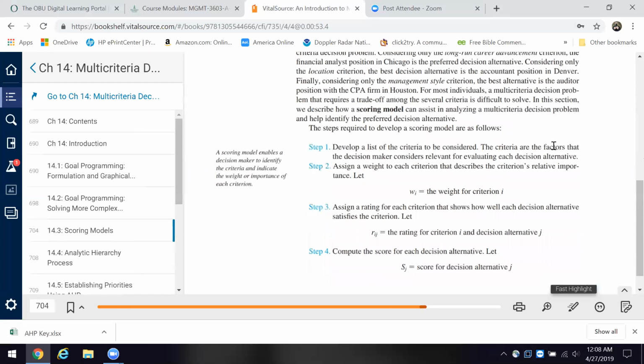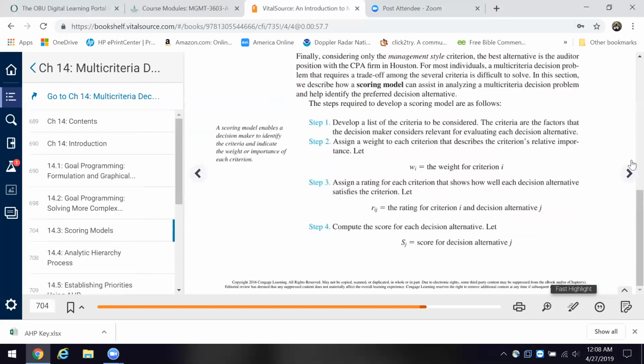This really is not too much different than if we identify the constraints. Then we assign a weight to them, and this weight is subjective. Then we assign a rating, and then we compute the score for each of the alternatives.